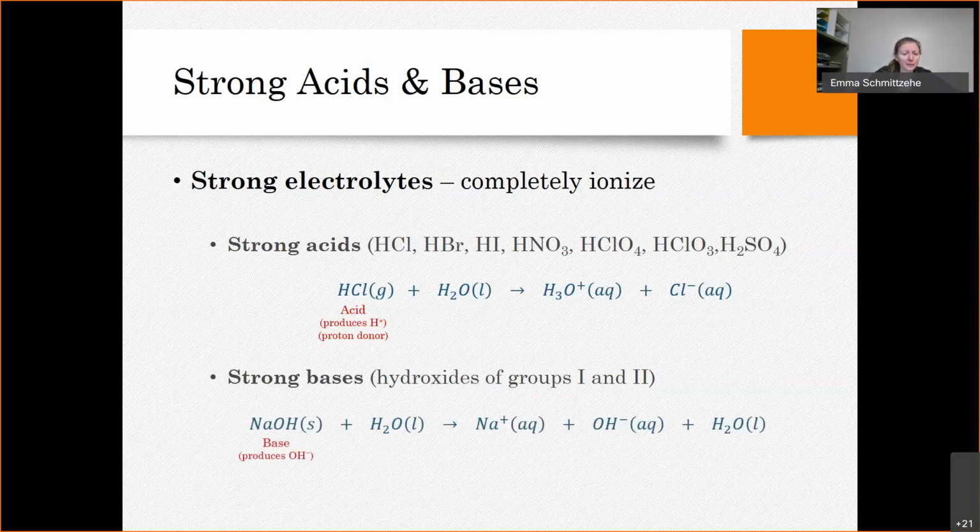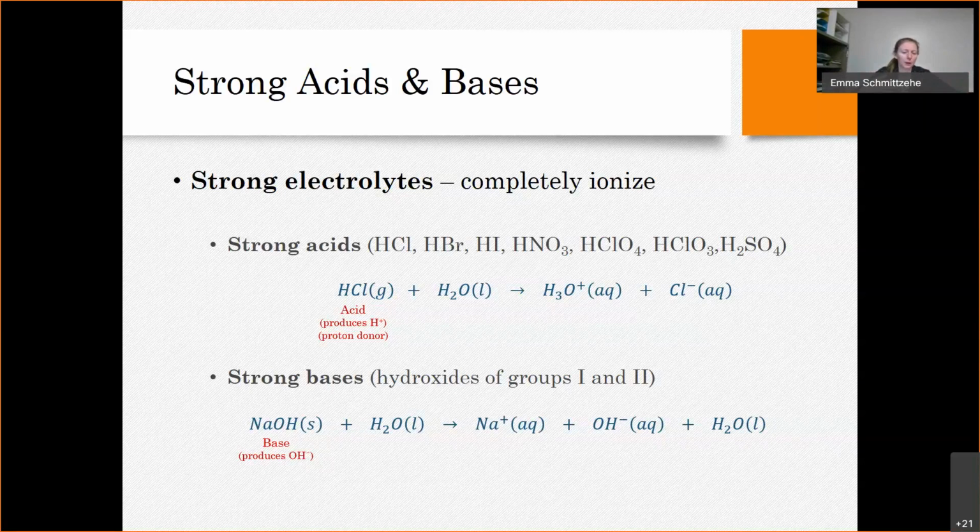Whereas for strong bases, you put this in water and it also completely ionizes. So we put something like NaOH because that's a group 1 hydroxide. Sodium is in group 1 of the periodic table and it is bound to hydroxide, OH minus. Okay, so once we put that in water, it actually splits completely into Na plus and OH minus. Okay, and so that's all we should have left.